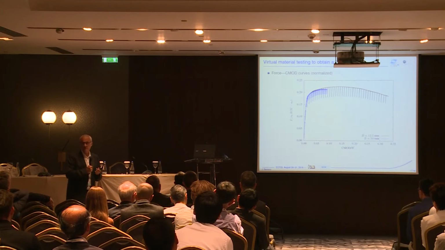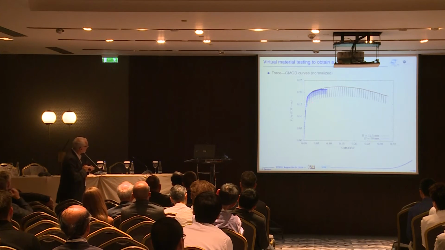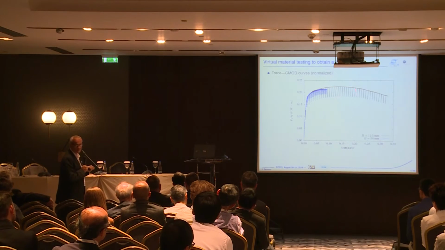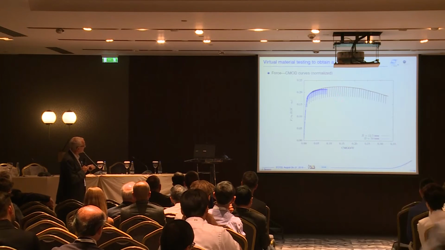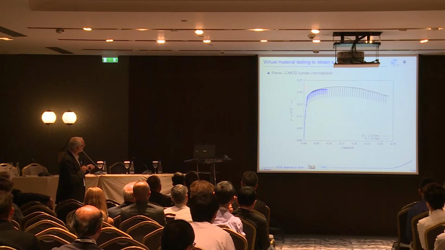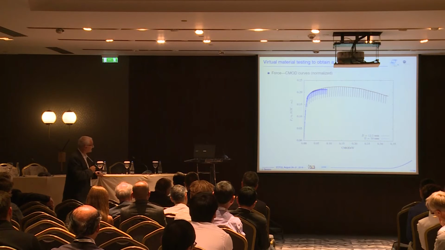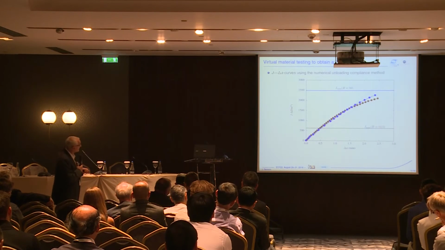But because of damage, because of localization, because of internal length, as soon as the crack propagates, it's about here, you get a difference. So the blue curve is for the thick CT and the black curve is for the thin CT. In both cases, we have simulated partial unloading to get the J delta A curve, and that's the result.